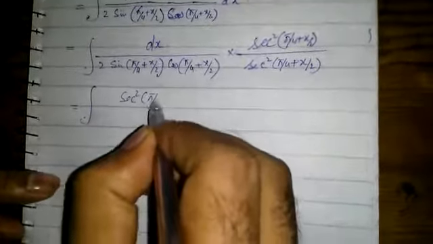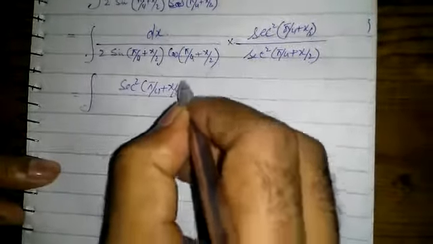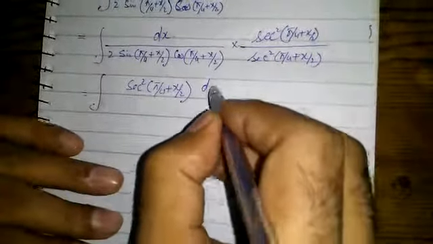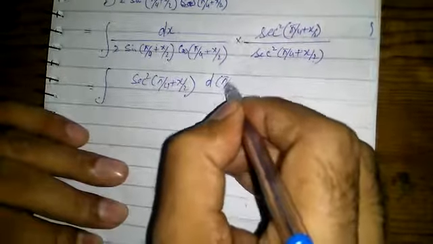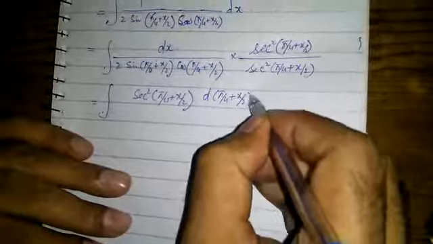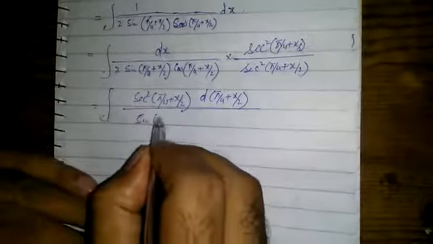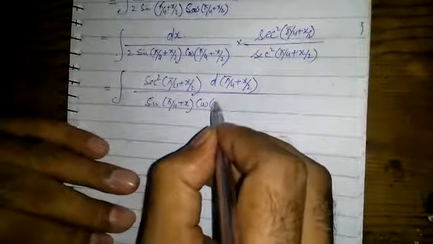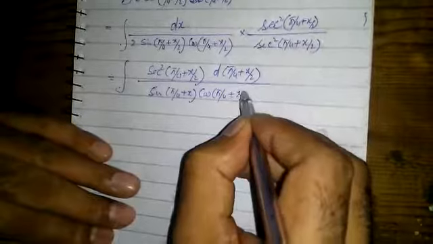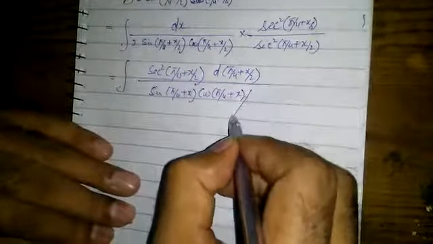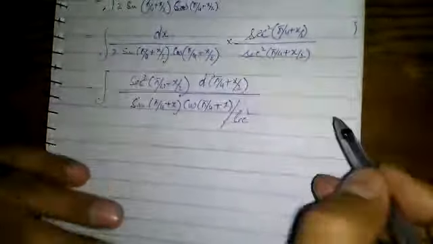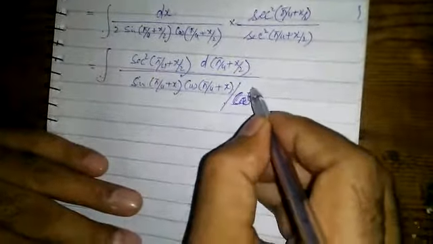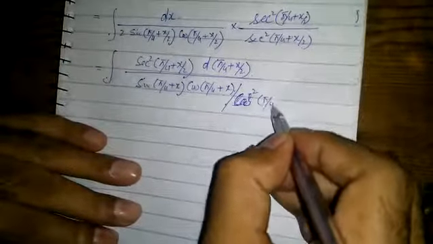Secant square pi by 4 plus x by 2 into the differential of pi by 4 plus x by 2, over sine pi by 4 plus x by 2 cos pi by 4 plus x by 2, over secant square, that is 1 over cos square pi by 4 plus x by 2.